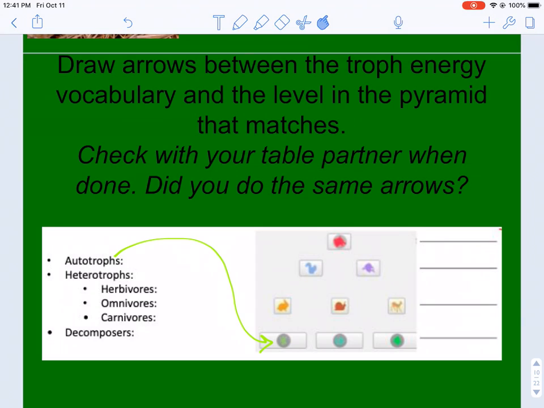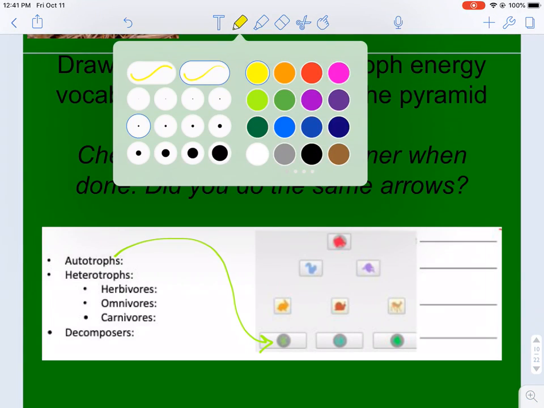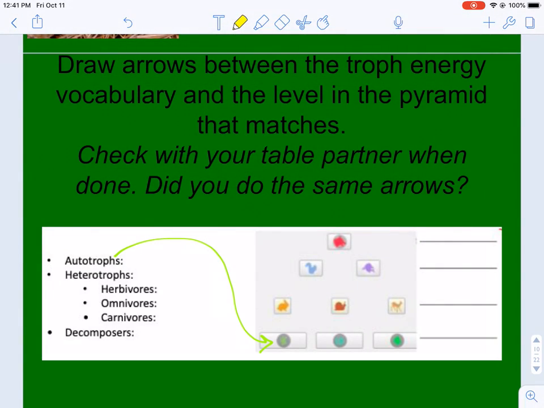So now take a second to connect how things are getting energy with where they fit in the pyramid. So autotrophs are plants at the bottom. Where do the other ones match? So heterotrophs are going to be all these other ones.